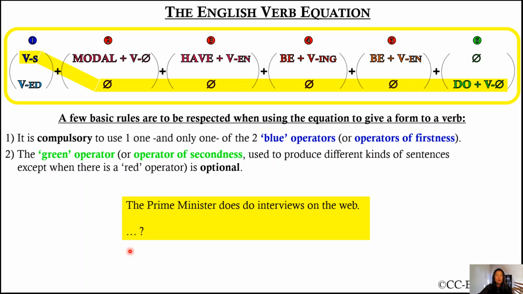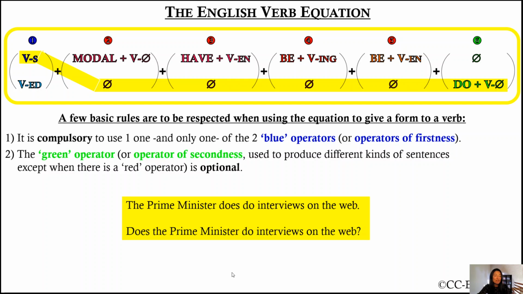And obviously, if you're a teacher, it is really important to get your students to be active, for them to improve their English. So the positive interrogative sentence here will be, does the Prime Minister do interviews on the web?